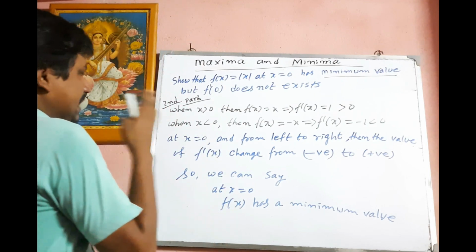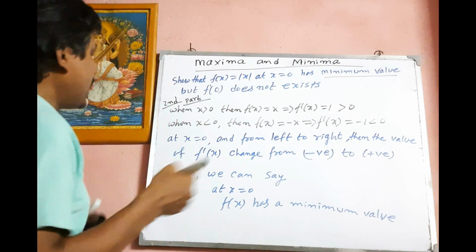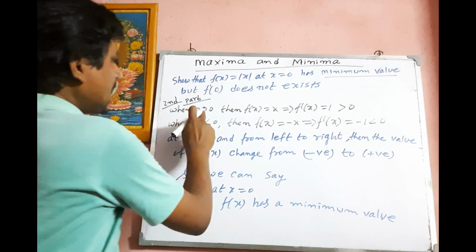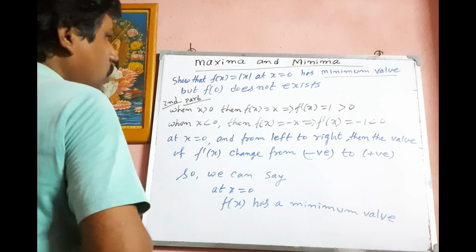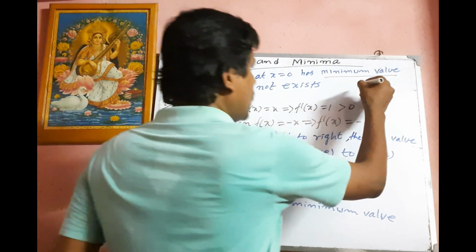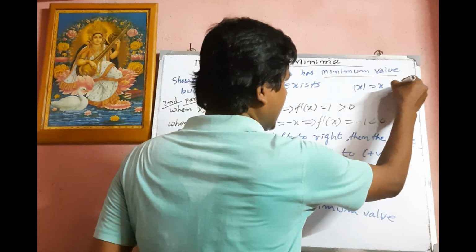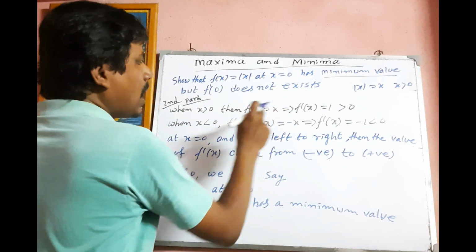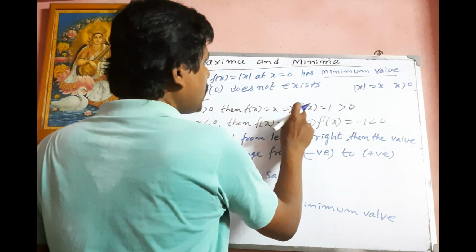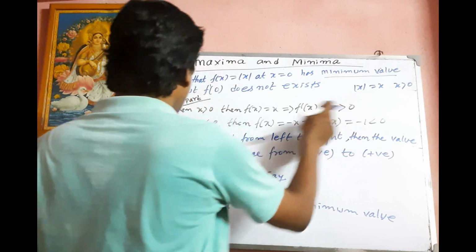Now the second part of the given example is when x is greater than 0, then f of x is equal to x, because mod of x is equal to x when x is greater than 0. So the derivative of f of x is equal to 1, which is greater than 0.